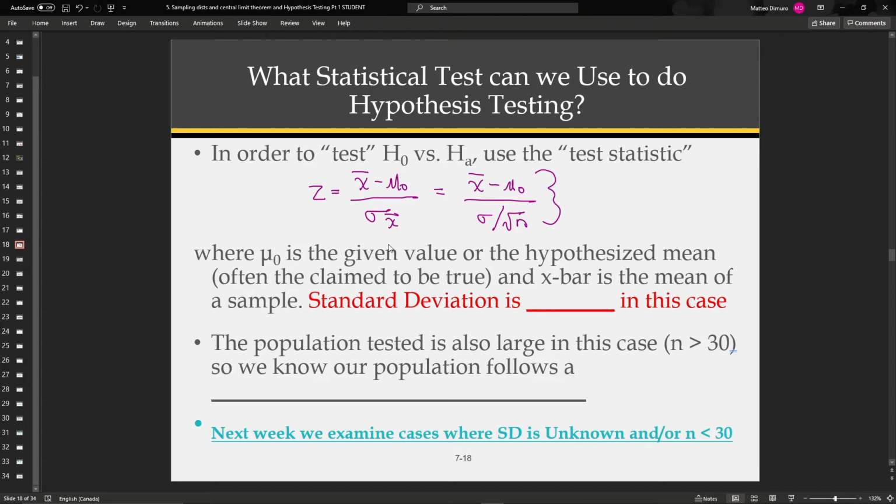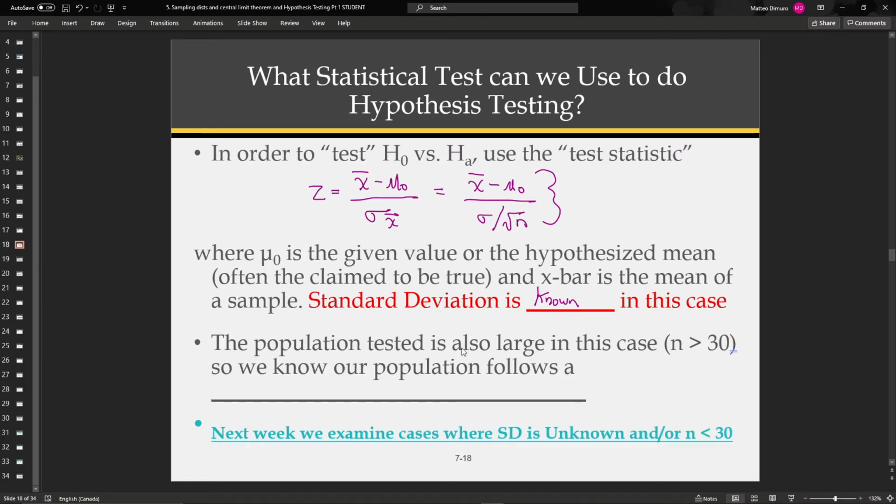Where mu 0 is the given value or the hypothesized mean, often claimed to be true, and x bar is the mean of the sample. Standard deviation is known in this case, so you must know the standard deviation in order to do it. There are tests that we can run if we don't know the standard deviation of the population, and we'll cover those in future weeks.